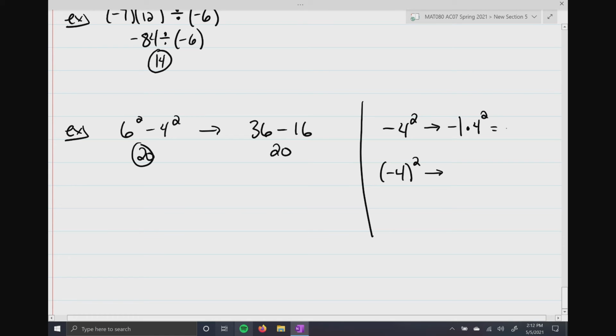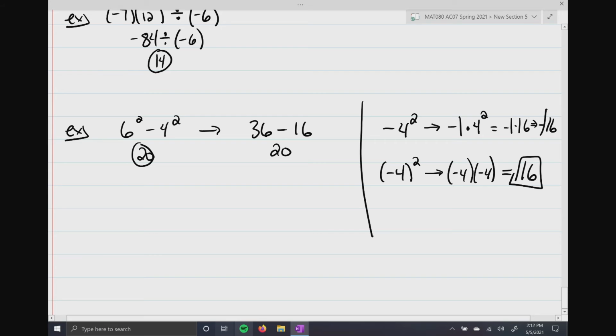So this becomes -1 times 16, or just -16. In the second example, the quantity -4 squared, that means both the negative and the 4, I'm going to rewrite it twice. A negative times a negative is a positive. 4 times 4 is 16.